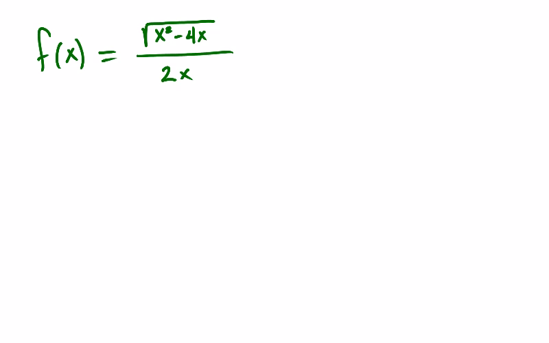So now we've got two parts to this problem. We have to look at when you'll have a positive underneath the radical, and we have to figure out when 2x equals 0, because we don't want the bottom to be 0. 2x would equal 0 when x is 0. So we don't want x to be 0.